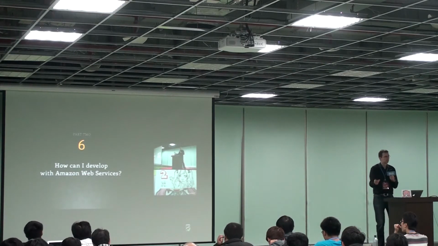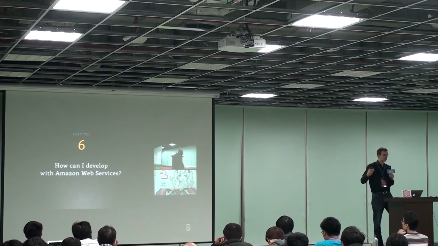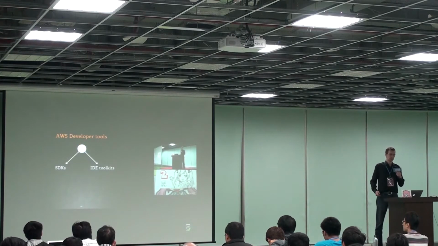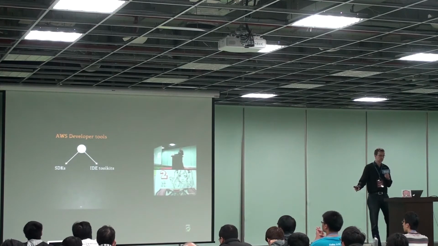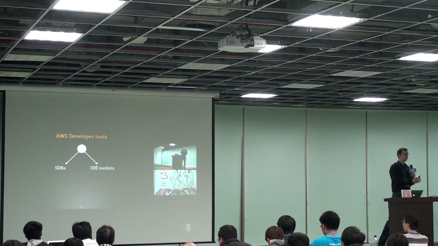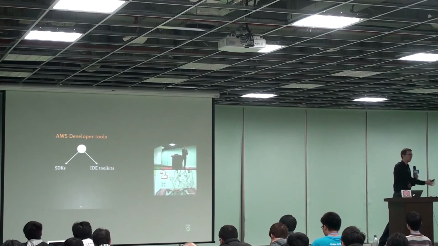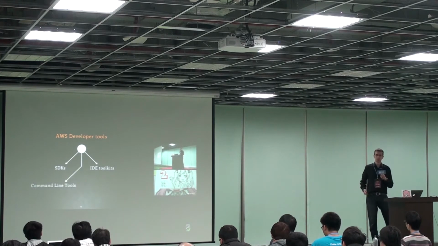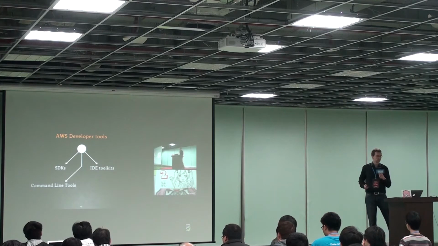So front-end app and backend infrastructure in the Amazon cloud. We provide developer tools. So we have SDKs, and we have plugins that you can integrate into your integrated development environments. So in other words, an Eclipse plugin, for example. We have command line tools to integrate and work with different services.